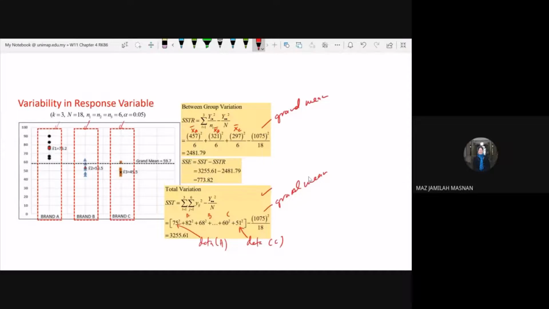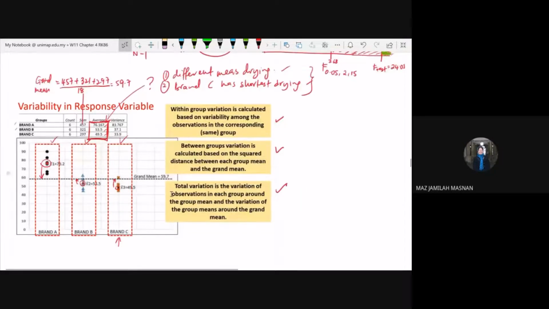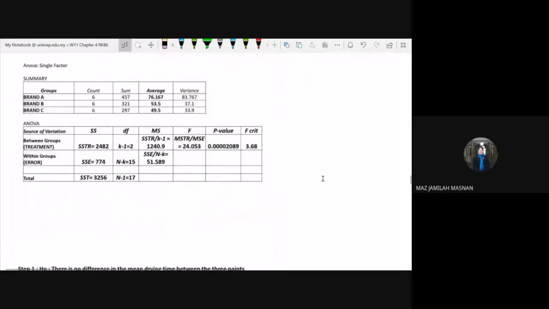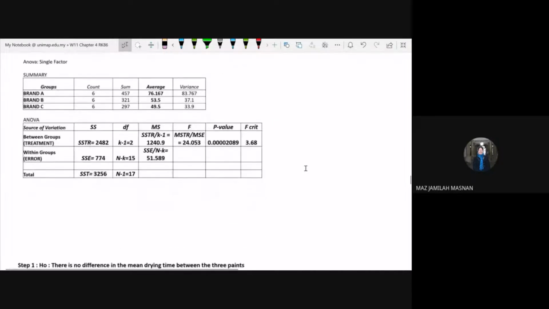That is how we get the total variation, as a representation of the theory just now. Now, let us continue with the result. Because this is our first discussion, I need to go into detail so that everyone can understand. For the second model, I will go straight to the point.